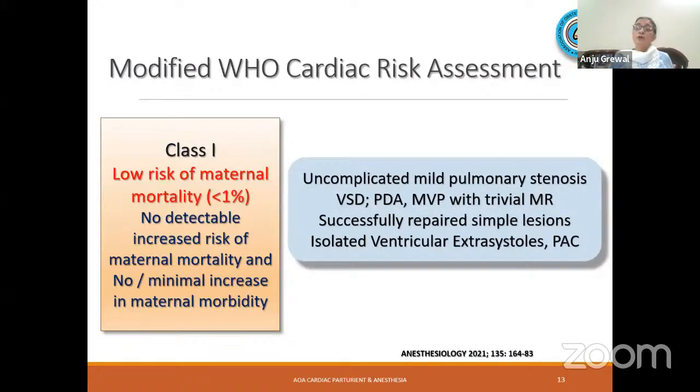But of all these scores, one of the scores which does best in risk stratifying more accurately is the modified WHO cardiac risk assessment score.